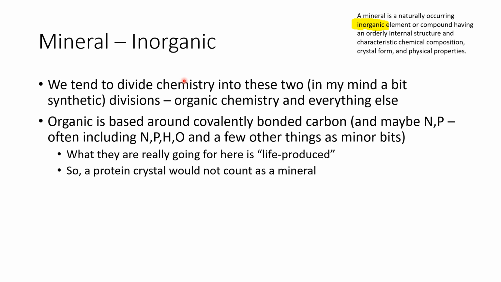It's mostly based around covalent bonds from carbon, usually to other carbons, but also including nitrogen, oxygen, hydrogen, and then other atoms. They'll stick in other things, especially halogens. But really, it's about the carbon bonds.